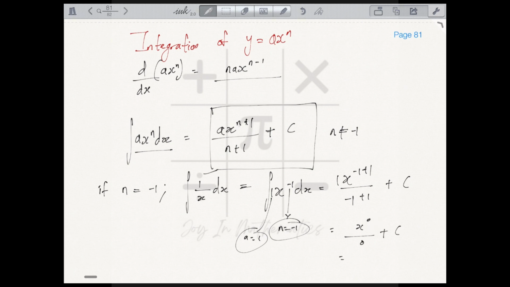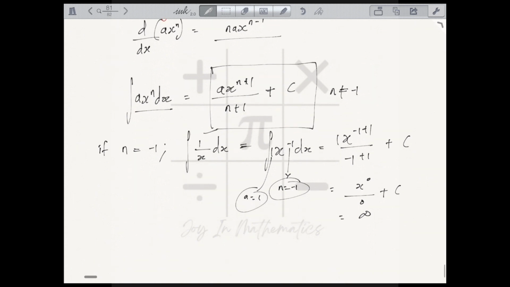Now this will give us infinite. Okay, it is undefined. So we can just write it as undefined. That is why there is an exception of n not equals to minus 1.